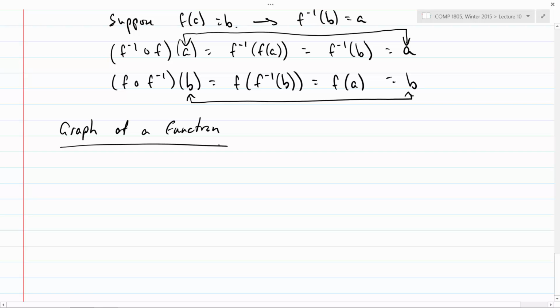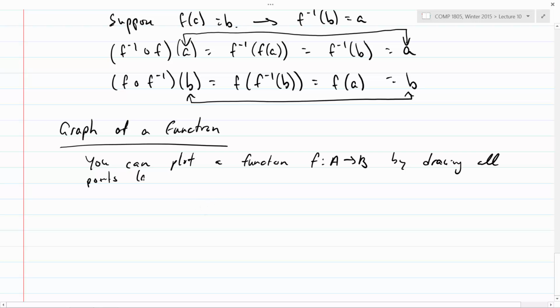And this is sort of a subtle point that barely needs to be mentioned, but I will. You can plot a function f from A to B by drawing all points (a, b) where a is in A and b equals f(a).